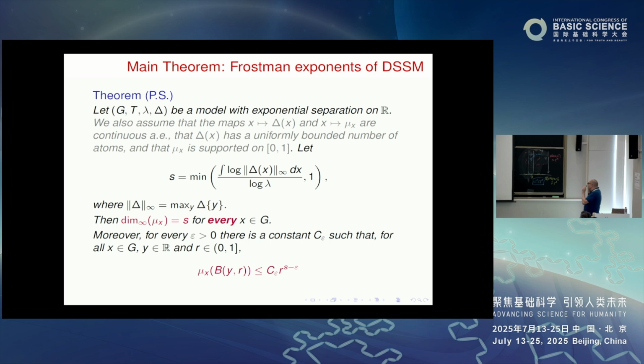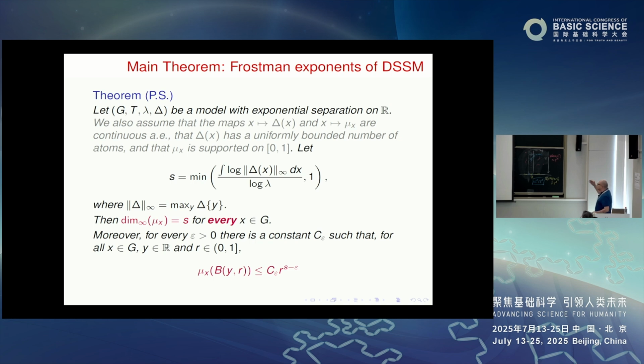So there is something that is very hard to understand here, but the paper is 10 years old. So far, nobody has found a mistake. And I know that many people have read it carefully. So I hope it's true, but it's still sort of magic, which is that exponential separation is something you need to check for almost every x, but the conclusion is true for every x. And this is fundamental, that we can get a conclusion for every x.